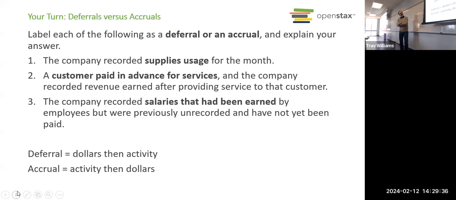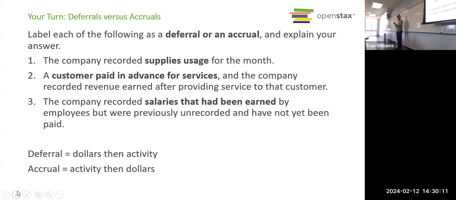And dollars starts with D. So in a deferral, the dollars change hands first, and the activity, either the expense or the revenue, happens later. Dollars are first, the action is later. With an accrual, which starts with an A, the activity happens first, and the dollars change hands later. To me, that is the easiest way to memorize the difference between an accrual and a deferral.